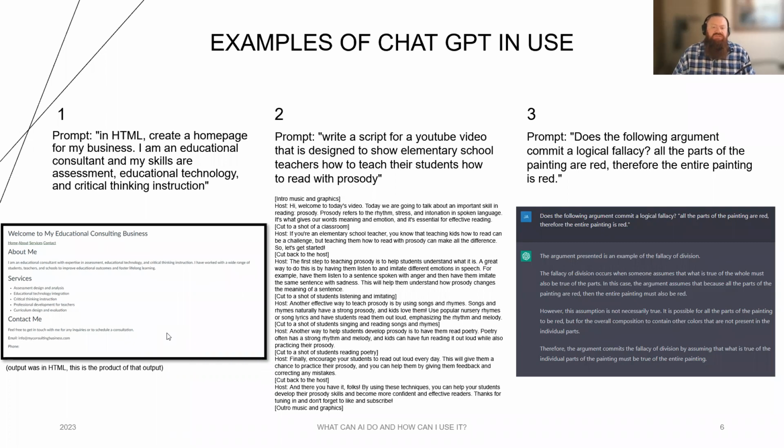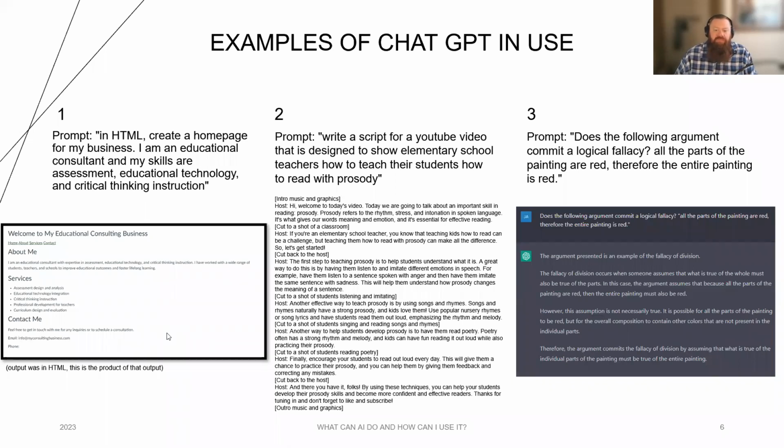Okay, so it was very bare bones, right? It didn't have any real design elements to it, but it did correctly create the headings: welcome, about me, services, those are all correct. This output is untouched. I didn't do anything to this. I just pasted it into Canvas and got that output.